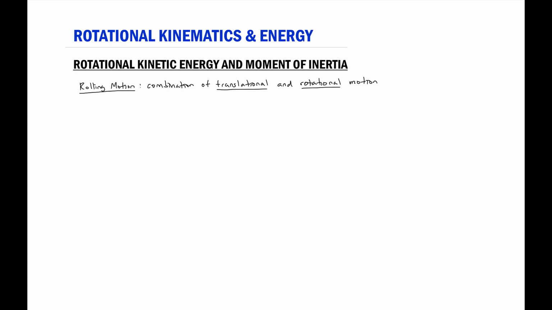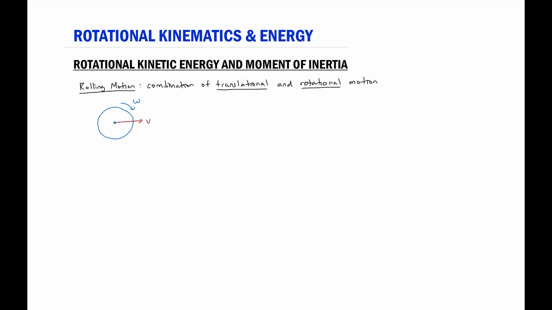So think of an object of radius r, like this, that rolls or rotates with an angular speed of omega, and translates or moves with a linear speed of v. That means we need to consider the kinetic energy in both the linear and rotational worlds and add them up to get the total kinetic energy in an object that rolls and moves at the same time.